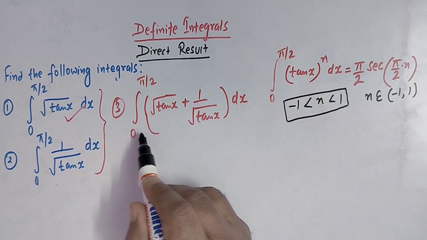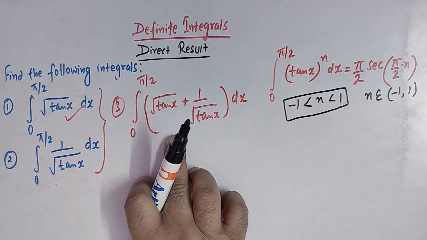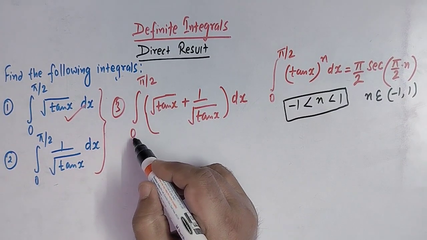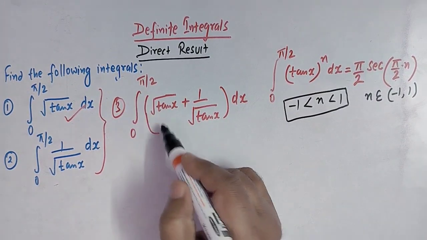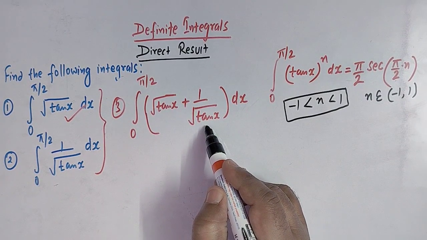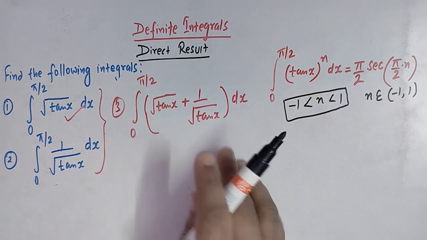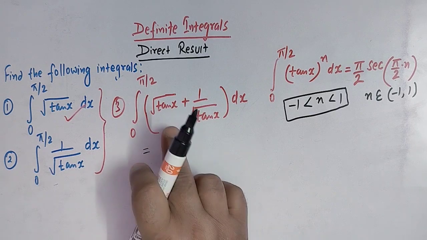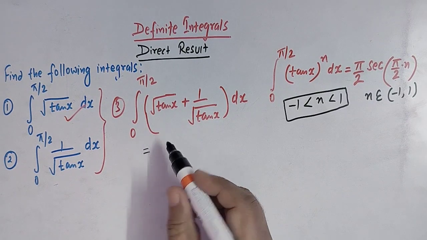Sometimes we come across a problem of this kind, that is we have to find the value of the integral from 0 to pi by 2 of square root of tan x plus 1 over square root of tan x. In this situation, we write this integral as a sum of two integrals.